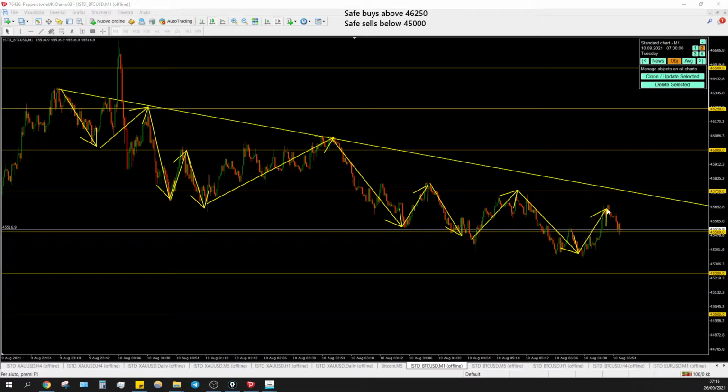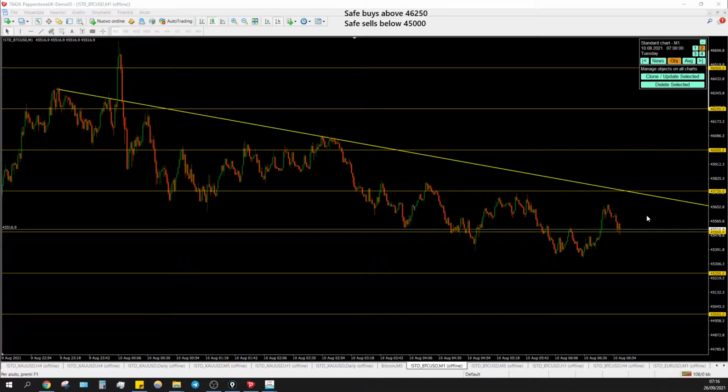We're making lower lows. This still has to be confirmed as a lower high. We have to see a break above this level, 45,750, to take advantage of high risk high reward buys. Otherwise, if we see another bounce and rejection from this level, we can take into consideration sells.